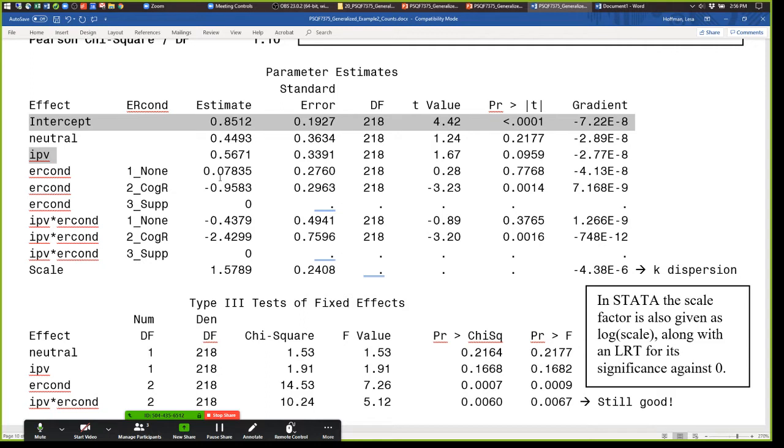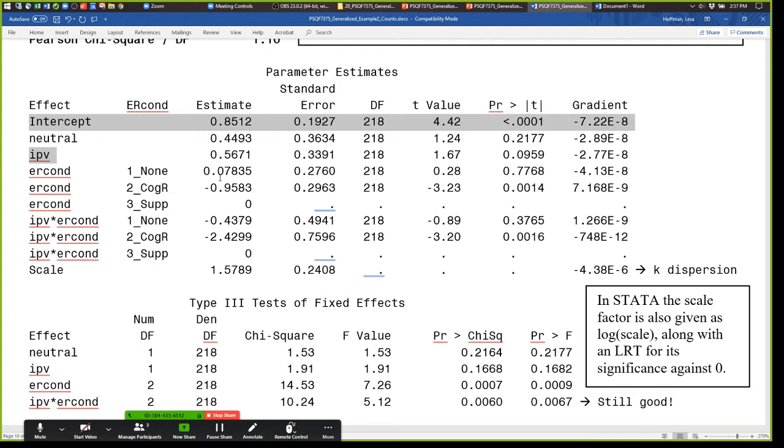So who's my reference person according to the model? 0. So what does an IPV of 0 mean in this context? The variable is referring to whether or not you have a history of interpartner violence. 0 means no history.